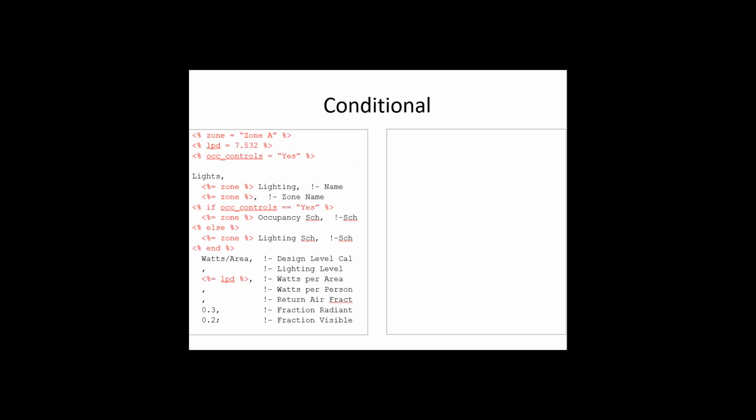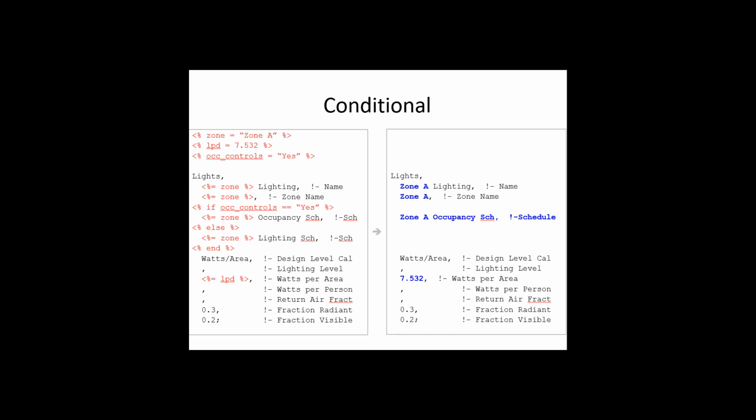We can even do some conditional statements, some if-else. We can have a conditional variable called occupancy controls, and if we set occupancy controls equal to yes, or maybe we would have that be a Boolean like true or false, we can write a zone occupancy schedule, or else just write the zone lighting schedule, and then we'd get the resulting text object which EnergyPlus can read.